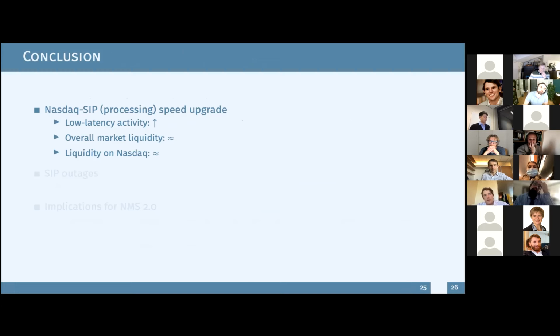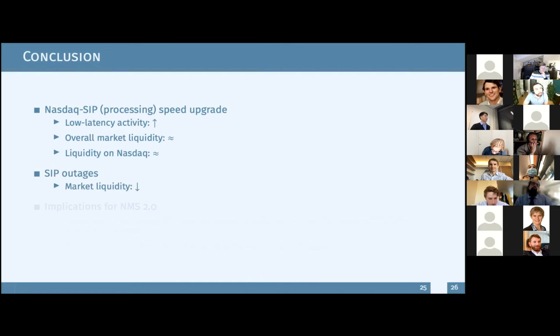The possible explanation is that the direct feed subscribers like HFTs, their advantage over the slower traders who use the SIP feeds vanishes to some extent. So they really have to speed up and trade and quote more actively.